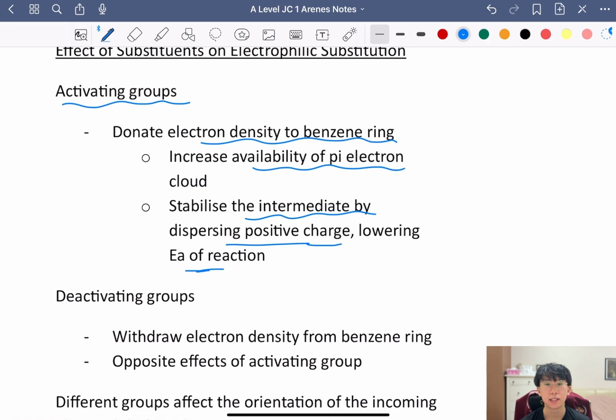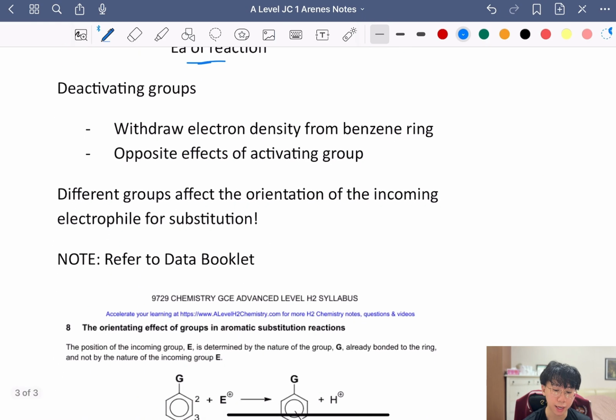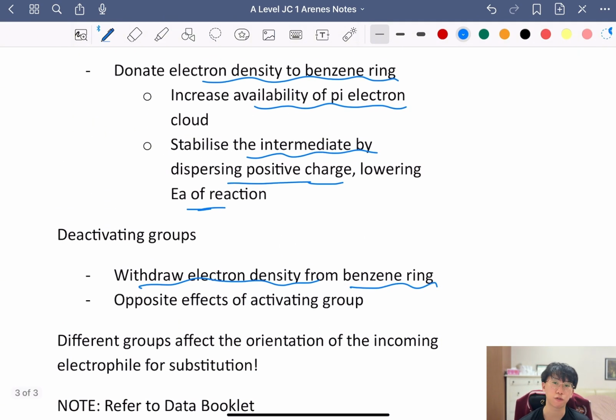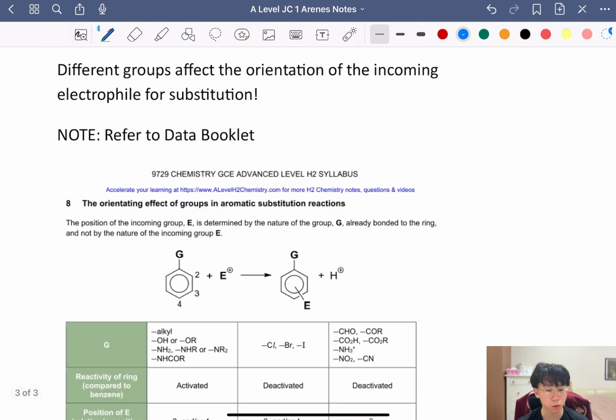On the other hand, deactivating groups withdraw electron density from the benzene ring, and therefore it has the opposite effect, which is it decreases the availability of your pi electron cloud and also destabilizes the intermediate by less dispersing the positive charge.